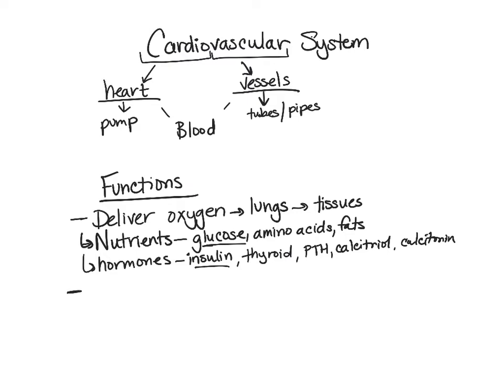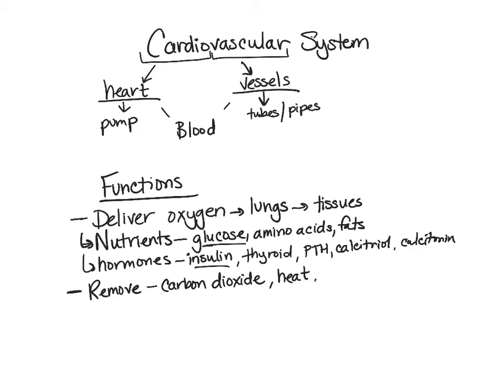We're also going to be removing things via the bloodstream. We'll be removing things like carbon dioxide. So taking carbon dioxide from the tissues, and then bringing that to the lungs in order to breathe it out, to get it out of the body. Also, things that we'll be removing are things like heat.